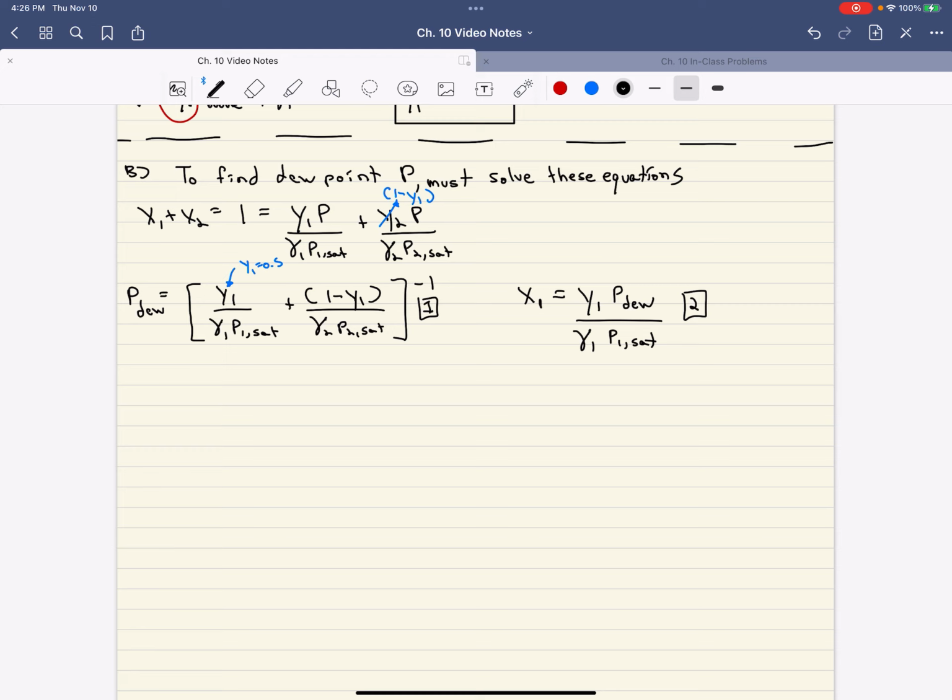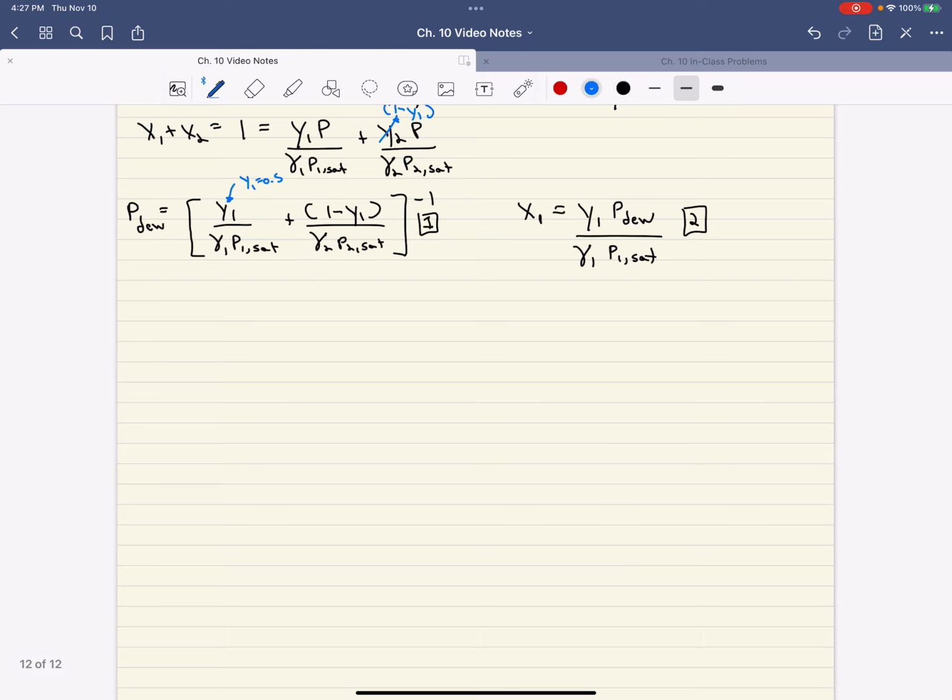Okay? But because we are now accounting for non-idealities, there's now a severe complication in our problem. And that has to do with the activity coefficient. So we see that the activity coefficient shows up here, another one here, and then also in our x1 calculation. Right?